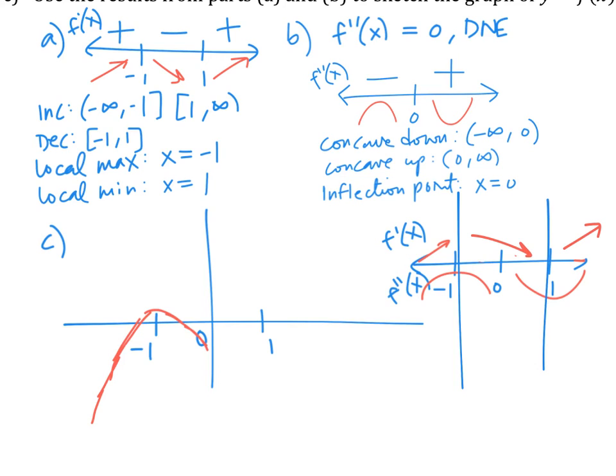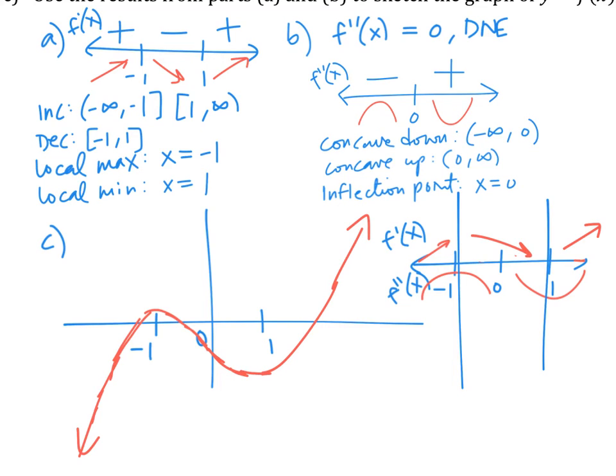So at 0, there's a concavity change, but I'm still going to go down. And then at 1, it's a minimum, and then I'm going to go up. So this should be my original graph. Can you guys see that?